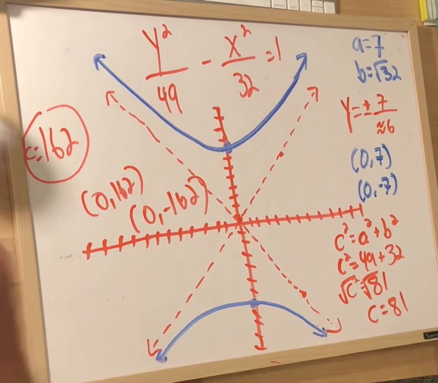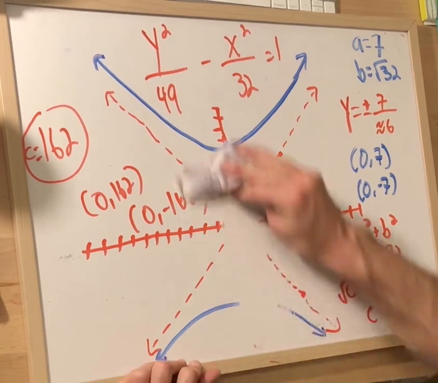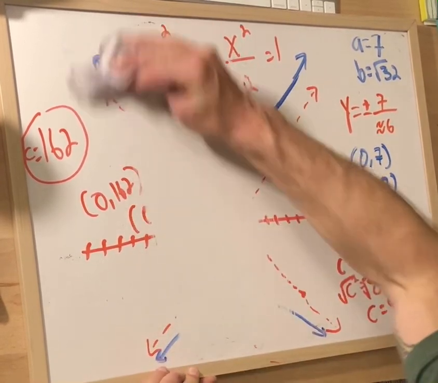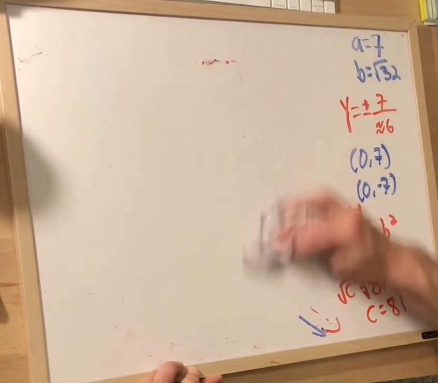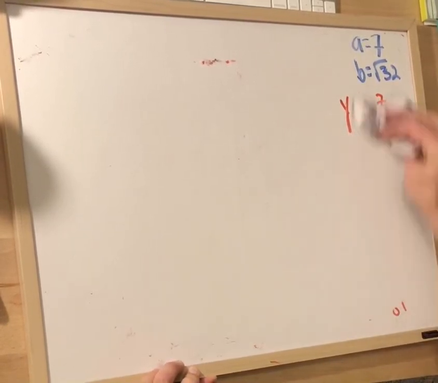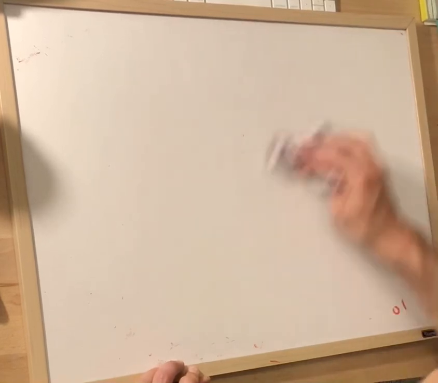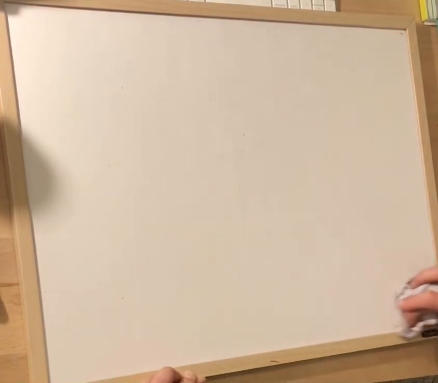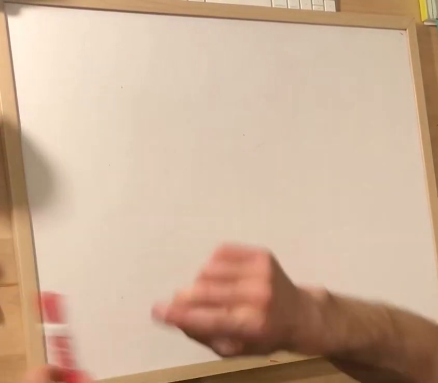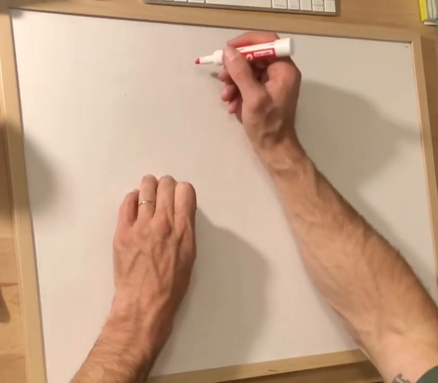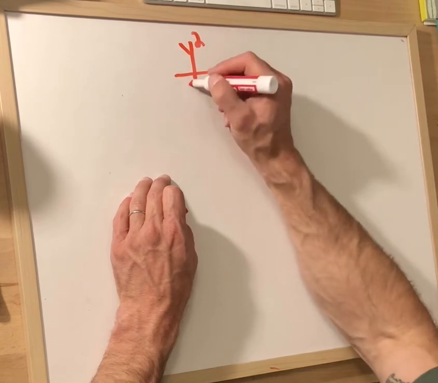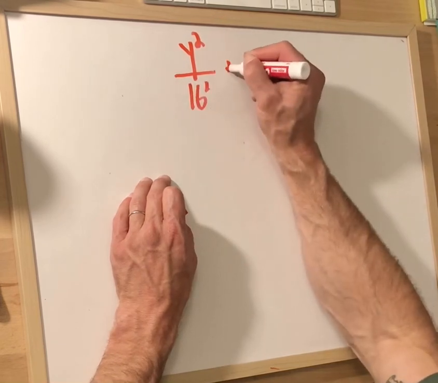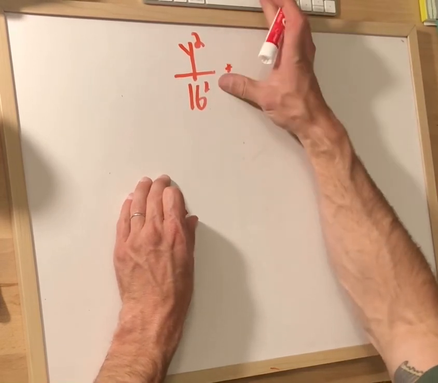Okay, let's have you try the last one. Please pause this video. Y squared over 16 squared, and this one is minus.